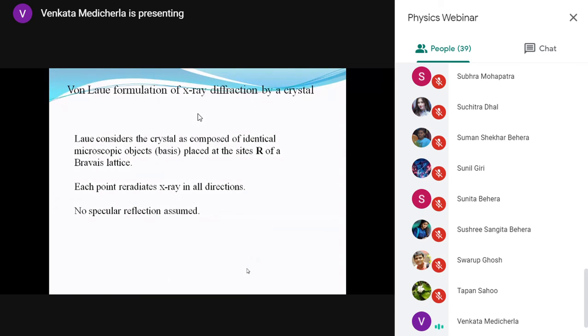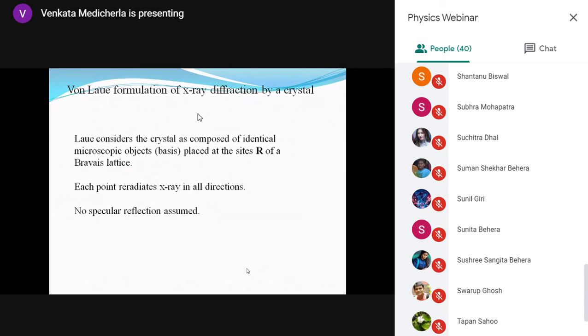But he explains it from a different perspective, without considering specular reflection or anything. He just takes it that atoms are sitting at the Bravais lattice positions. So Laue considers the crystal as composed of identical microscopic objects. At each lattice point, I told you, you can have a basis. That basis may be a composition of atoms, not a single atom. So at a Bravais lattice point, you have the basis, placed at the sites of a Bravais lattice.